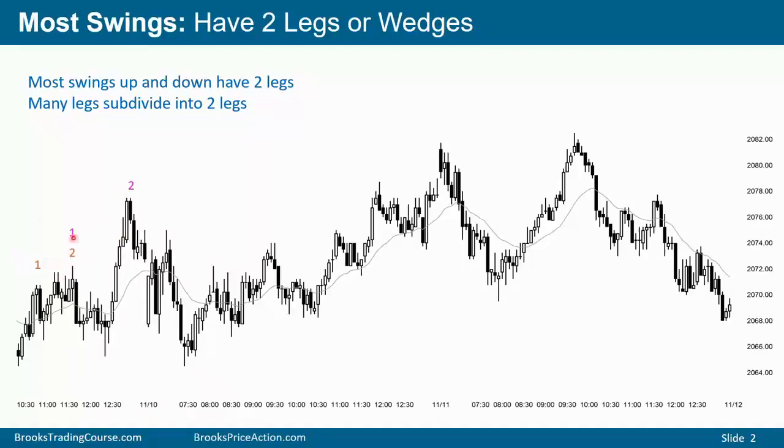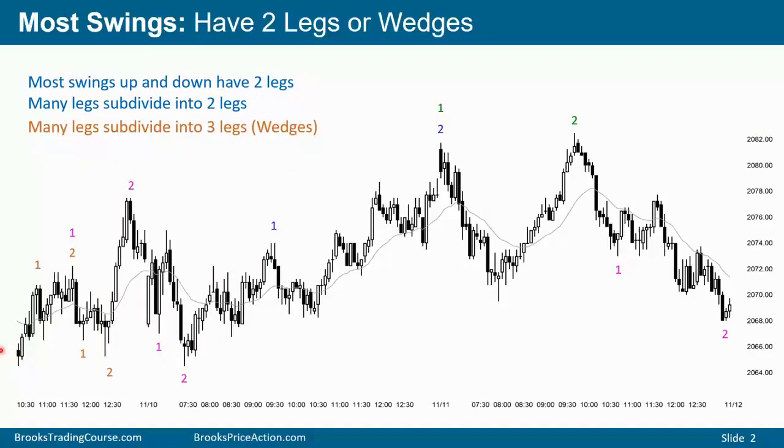And you can see leg 1 subdivided into either 2 or 3 legs. And lots of two-legged moves, 1 pullback 2, this whole thing being 1 pullback 2, and 2 subdivided into 1 pullback 2. That's just normal trading range behavior.